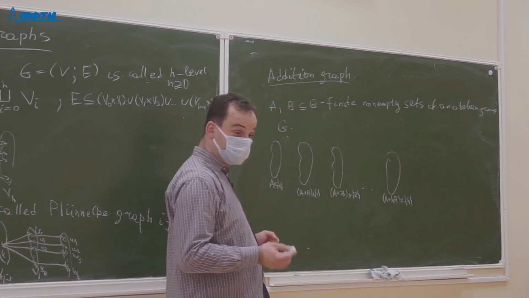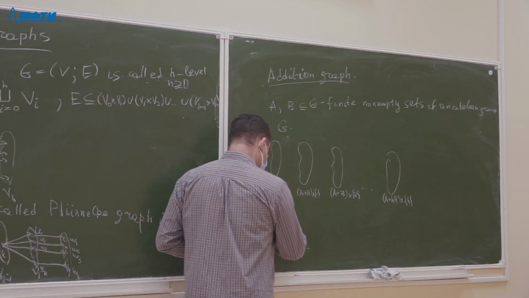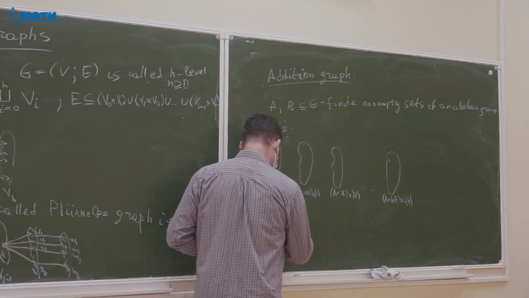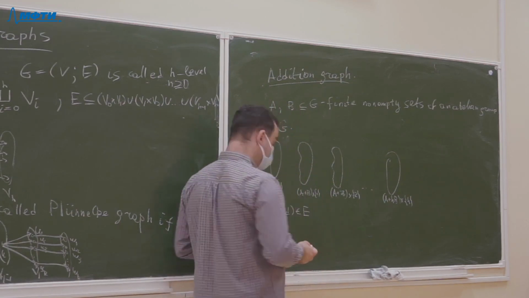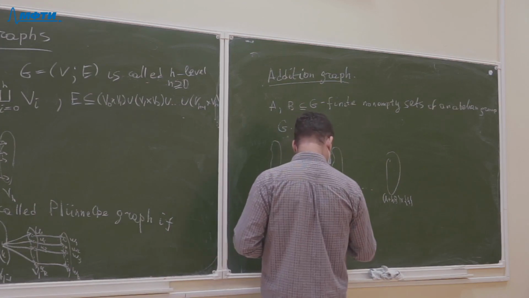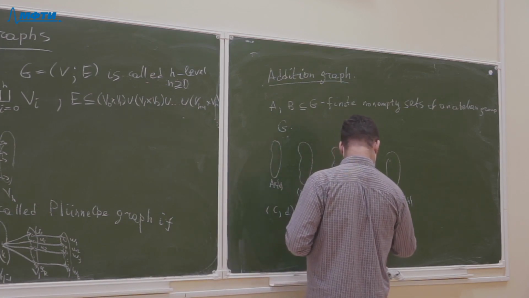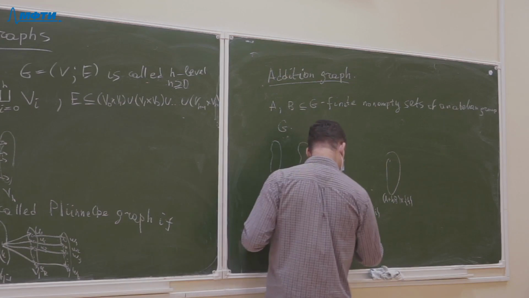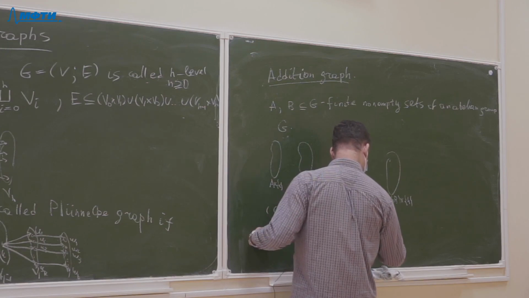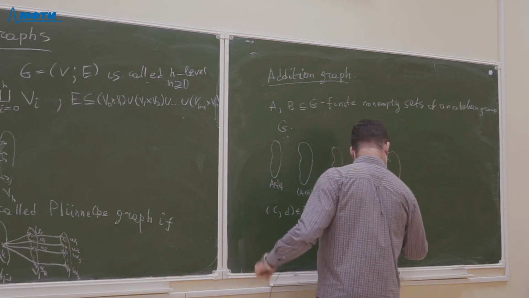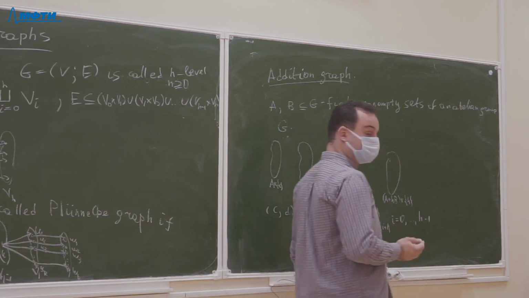What are the edges of this graph? Well, (C, D) is an edge of the graph if and only if C belongs to A plus iB times i, D belongs to A plus (i+1)B times i plus 1, for i from 0 till h minus 1, right?